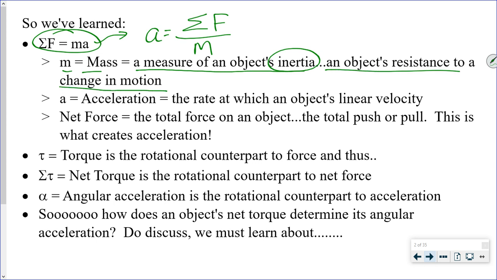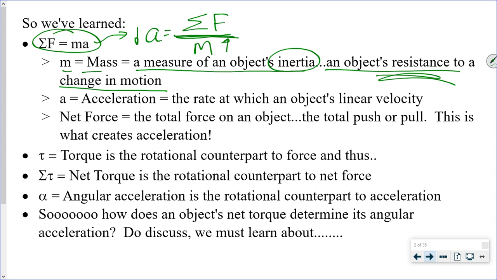So as an object has more mass, it has more resistance to a change in motion, and that will necessarily decrease your acceleration, assuming that your net force is fixed. So in English, when you push a thing with a fixed force, the more mass it has, the more inertia it has, therefore the less acceleration it will have.